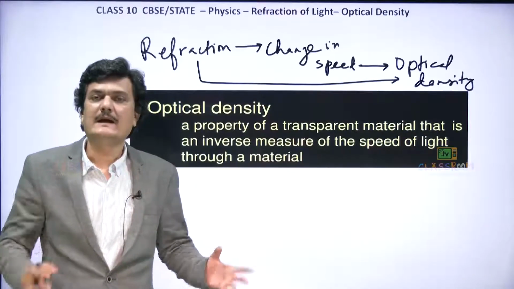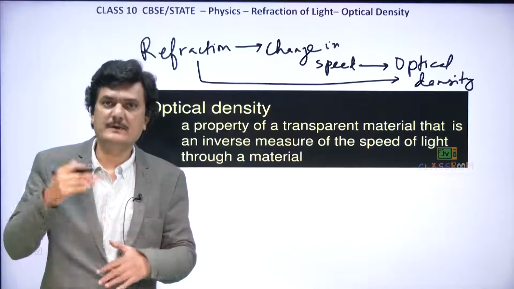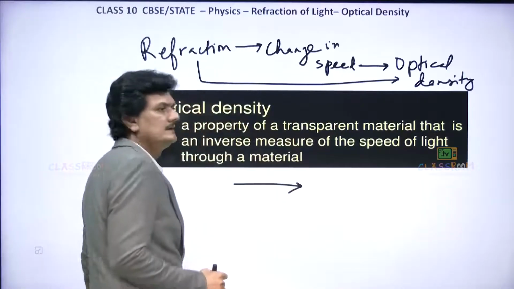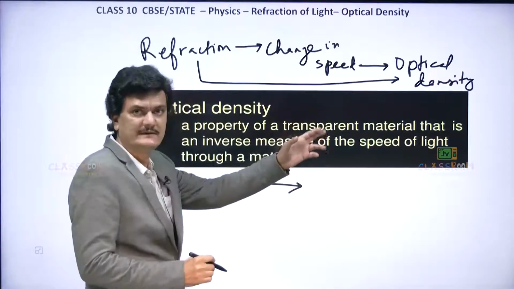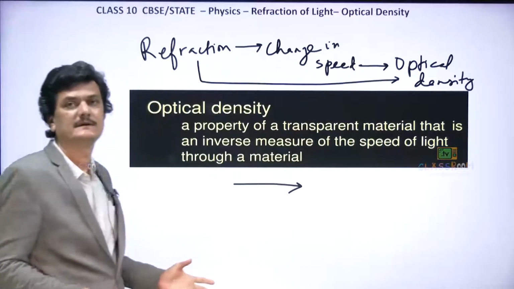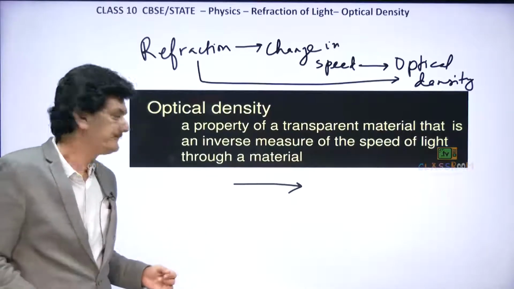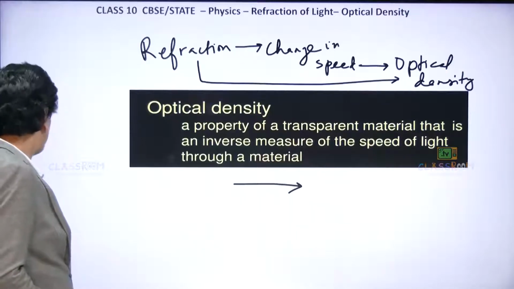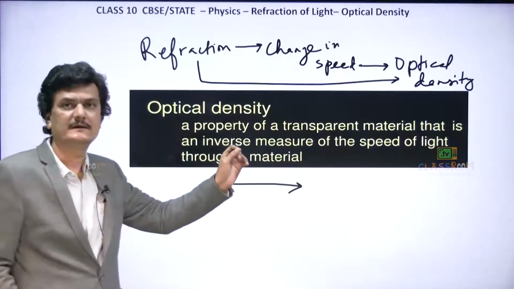As light travels from one transparent medium to another transparent medium, the optical density will change, the velocity will change, and there will be a bend. Light will bend at the very moment where the change is happening. So, the determining factor here is optical density.